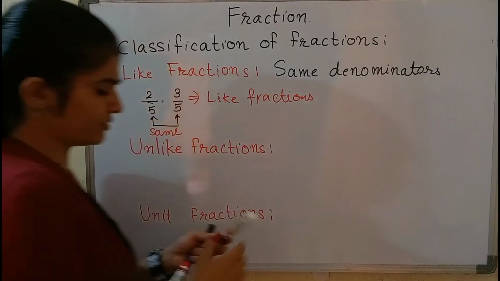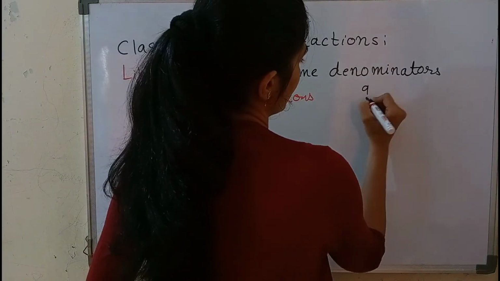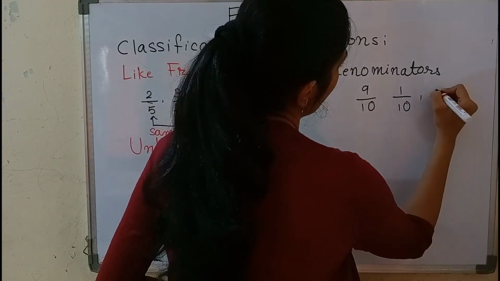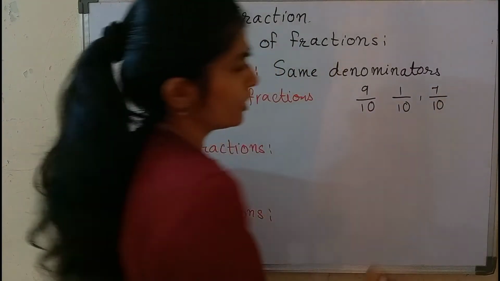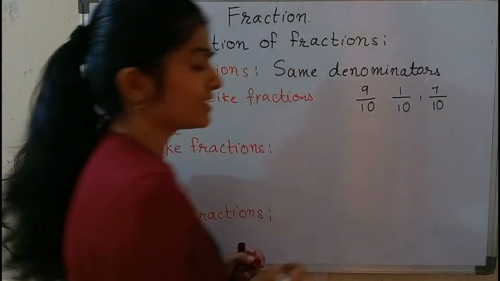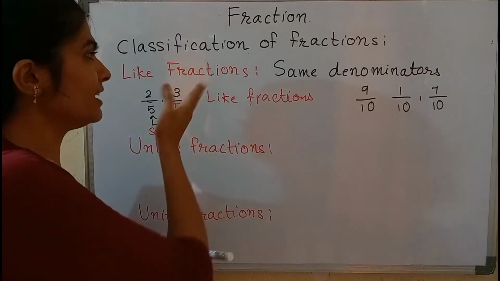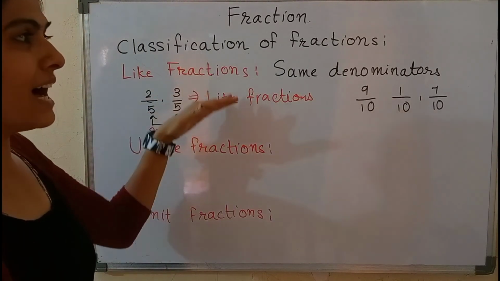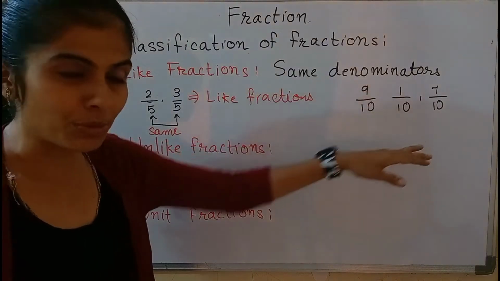Next one, let's say 9/10 and 1/10 and 7/10. These all have the same denominator, which is 10. So we can say that this is also an example of like fractions. So like fractions are the fractions having the same denominators.